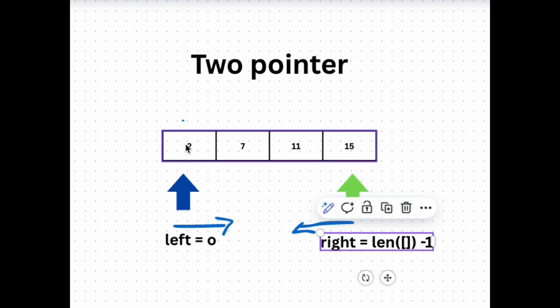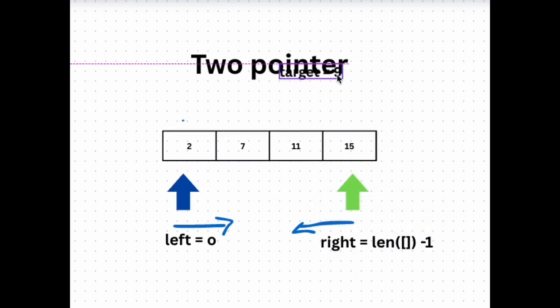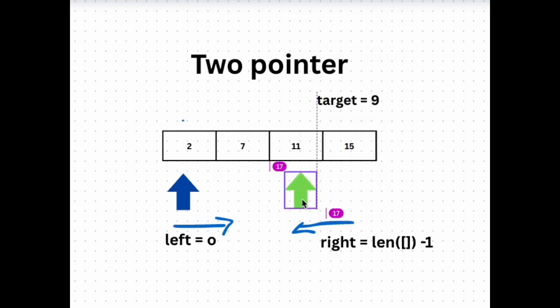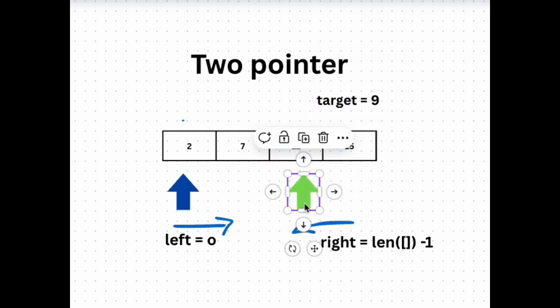We're going to take the 2 values on either end, in this case 2 and 15, and add them together to see if they are equal to, greater than, or less than the target. If left plus right is greater than the target value, that means we move the right pointer down. Why does it have to go down?